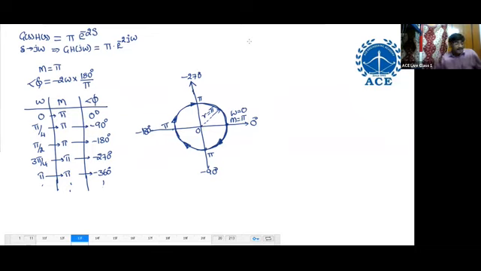Next, identify the stability for the given polar plots. Come on, draw it.